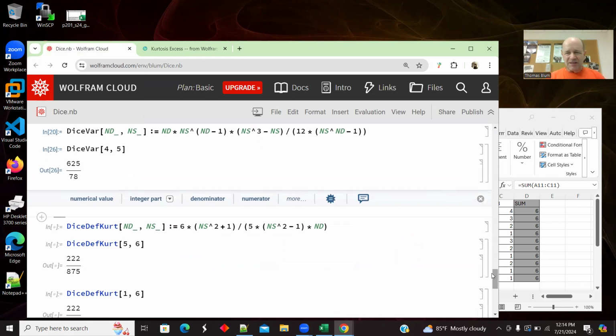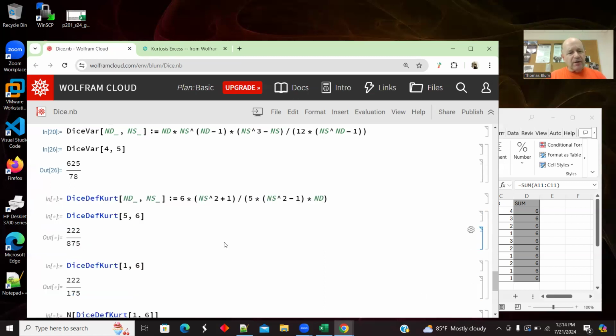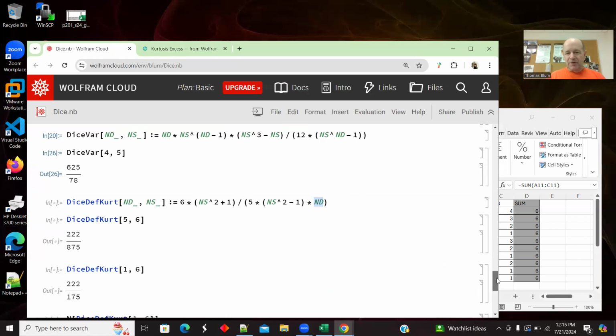But because it's scaled by the variance, it takes some of that out. Okay, so here is the formula I found. It just goes simply as ND. Everything else is NS.